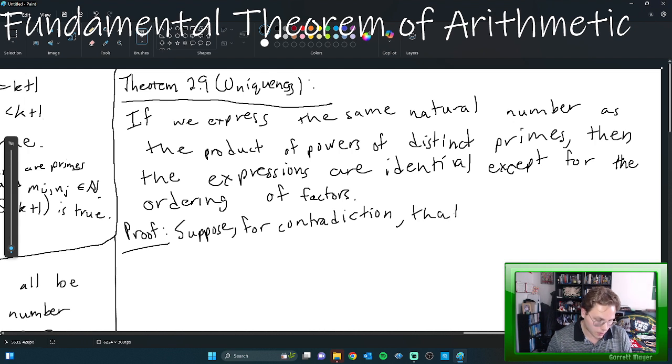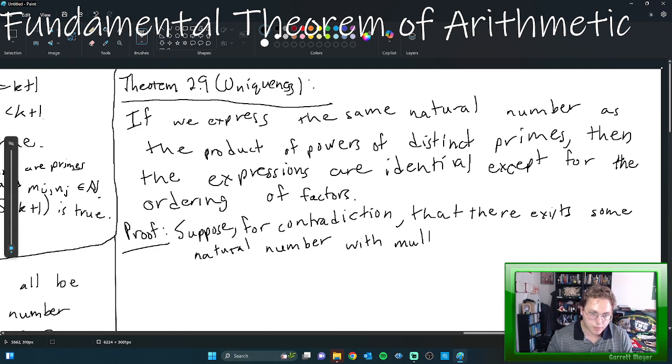that there exists some natural number with multiple distinct prime factorizations.